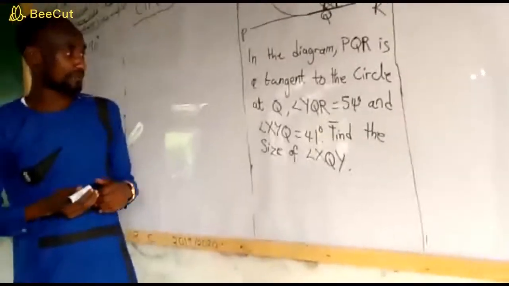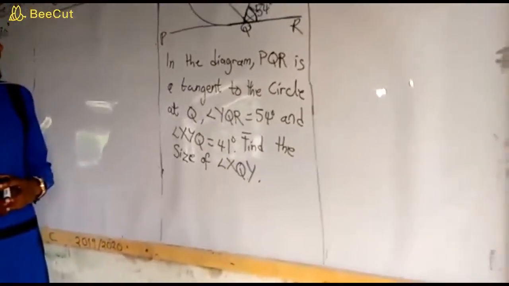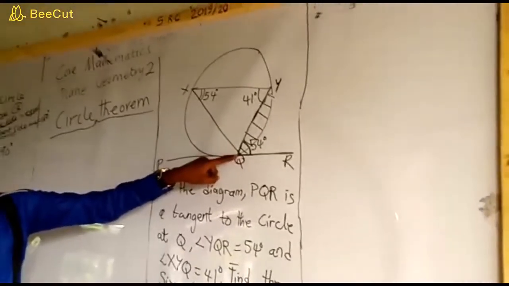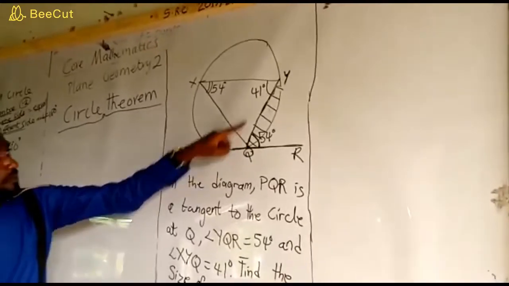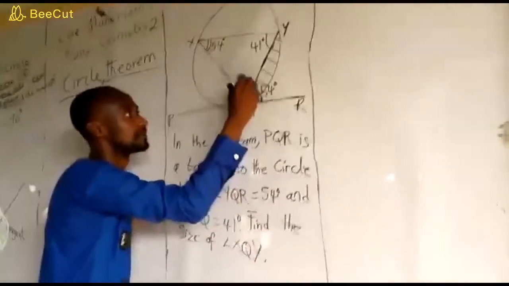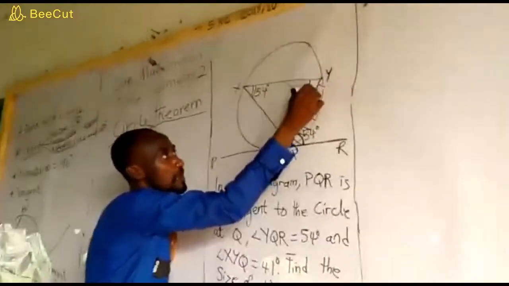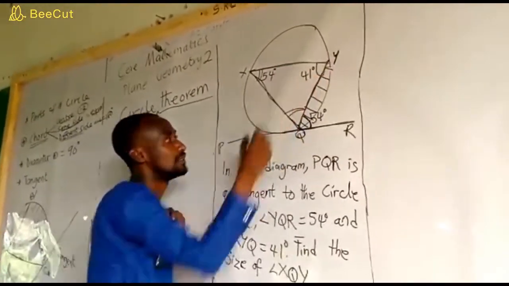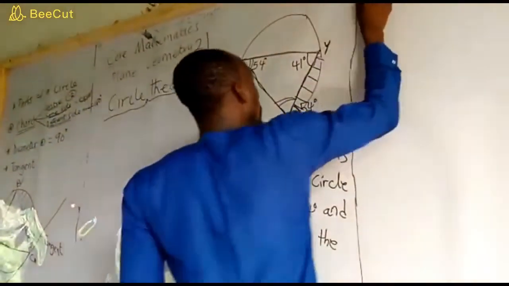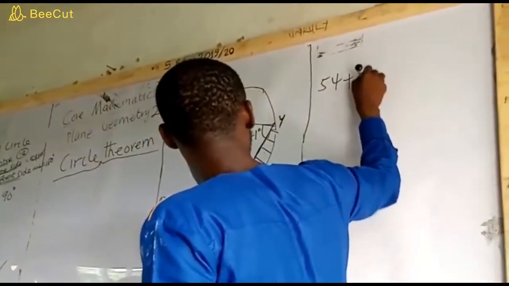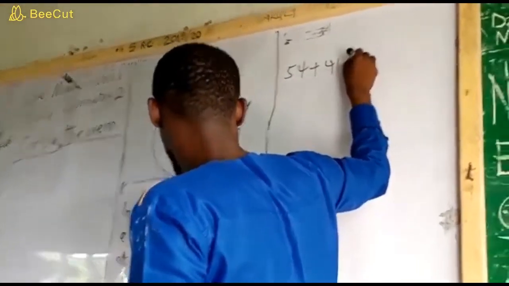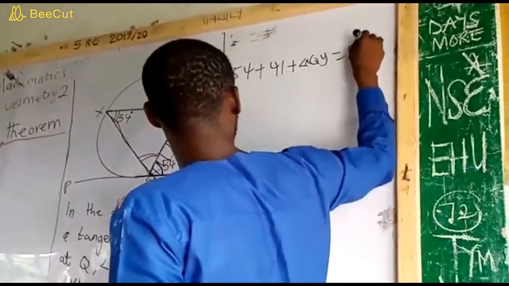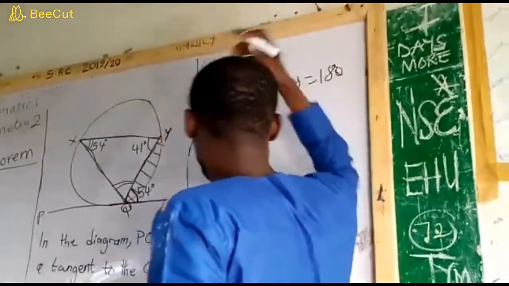So let's come to the question. Find the size of XQY. We are talking of this side. Per this shape, I see it's a triangle. So the 54 plus the 41 plus the angle XQY should give me 180 degrees.